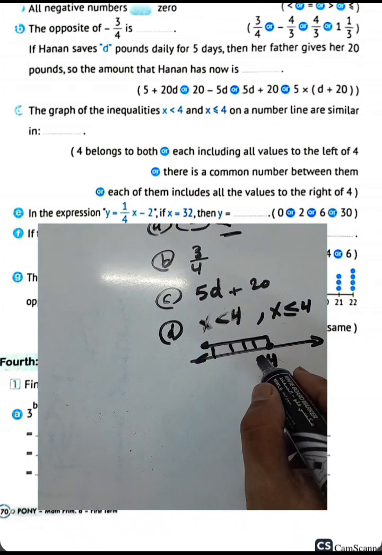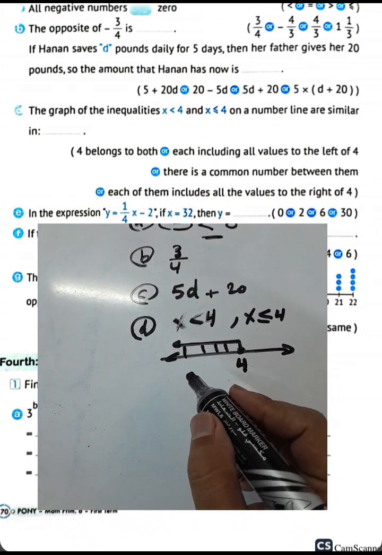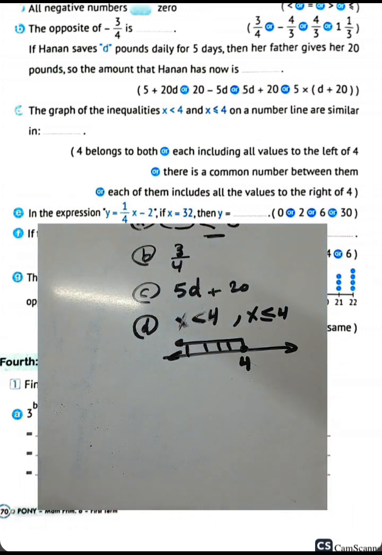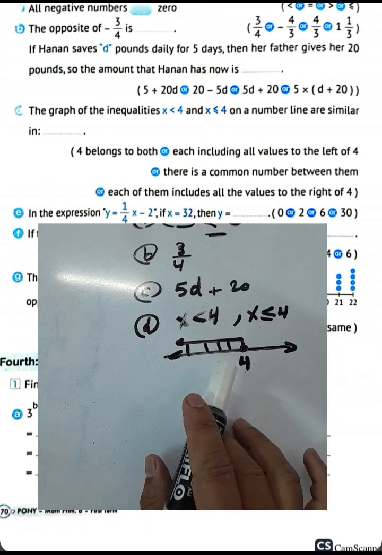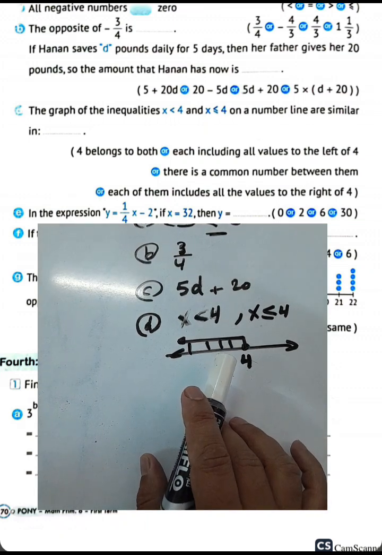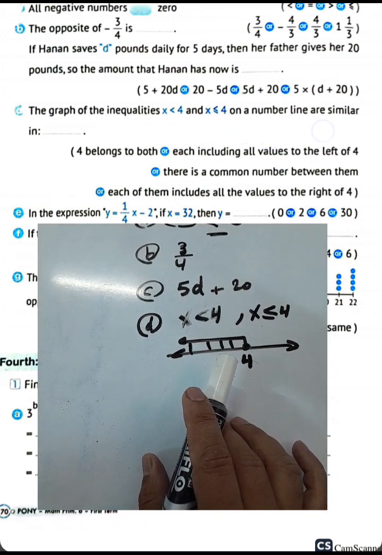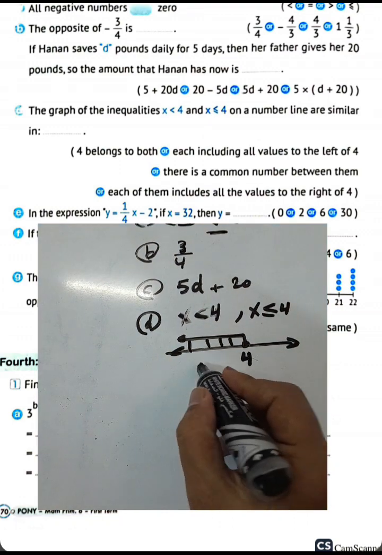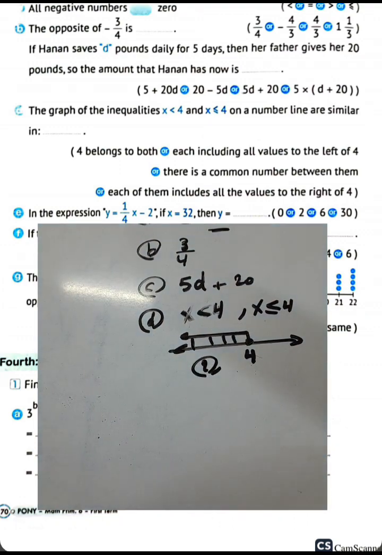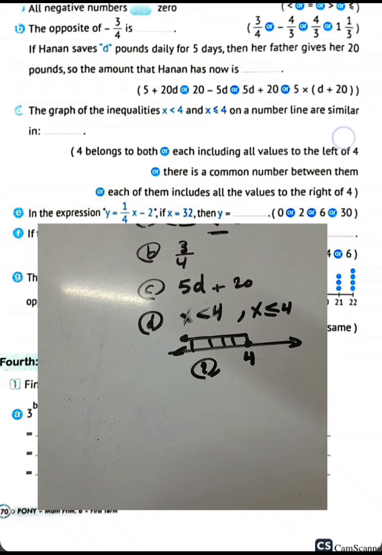So we must choose here: each of them includes all values to the right of 4, no, left of 4. Choose the second solution, each including all values to the left of 4.